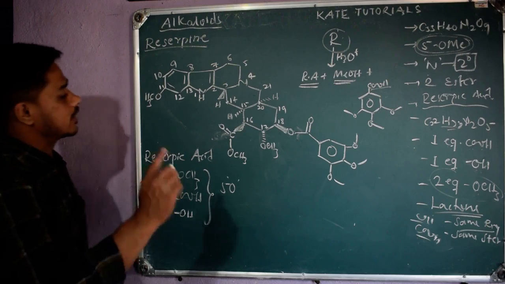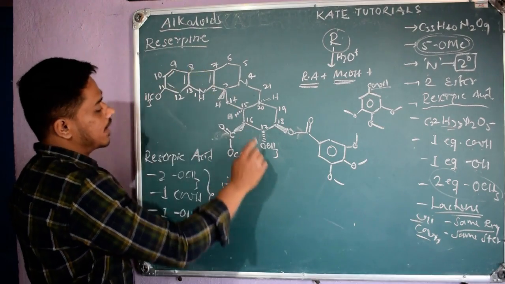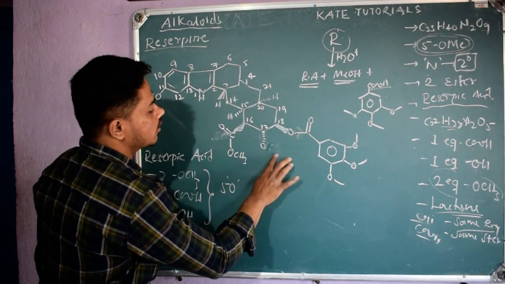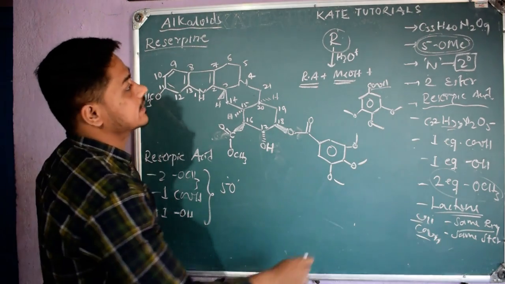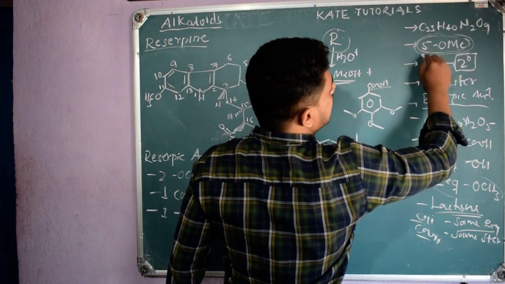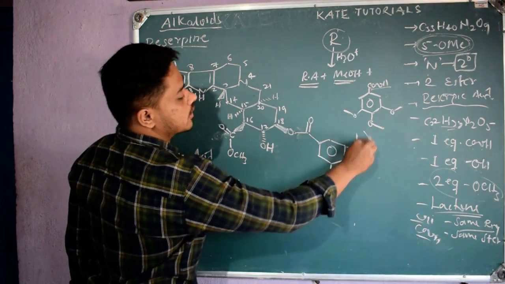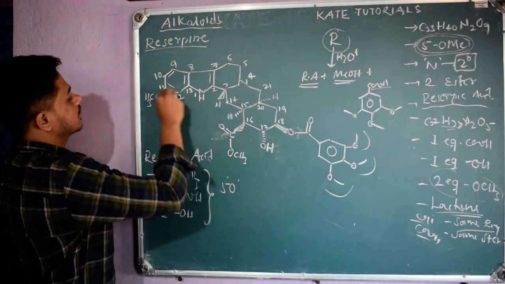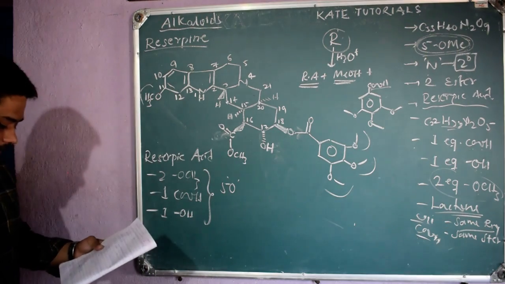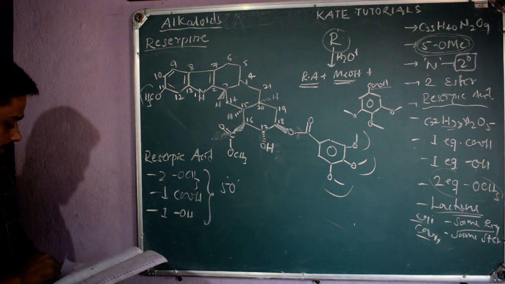Also one more thing you remember, in this reserpine, here OCH3 is not there, here it is simply OH. Because in reserpine 5 equivalents of OCH3 should be there. So 5 equivalents means 1, 2, 3, 4 equivalents.